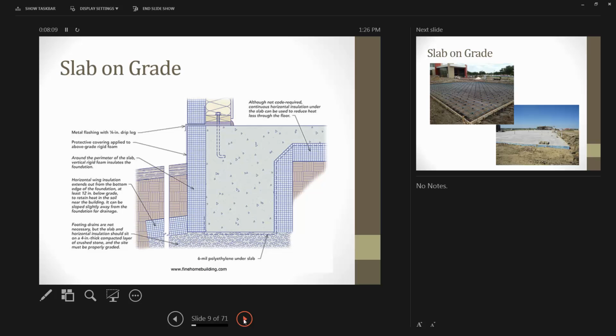These are all pretty straightforward, but once we start thinking about them as a system and incorporating them all together, we really have to understand a little bit more in depth how they all work.